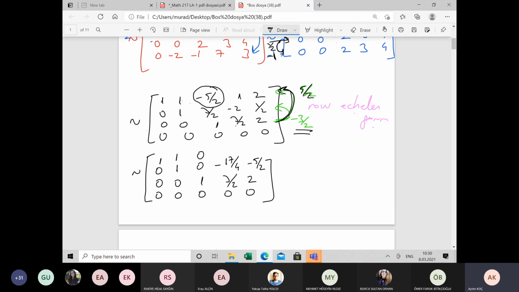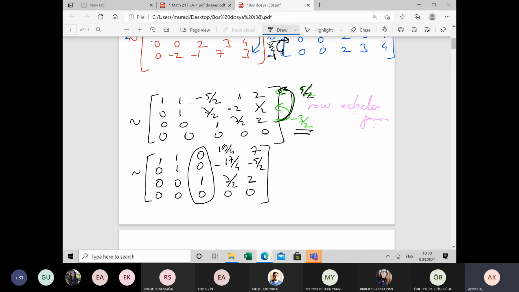It's okay. So this one, 2 times 5/2, 5 plus 2, and we obtain 7. So we obtain the column 0, 0, 1.